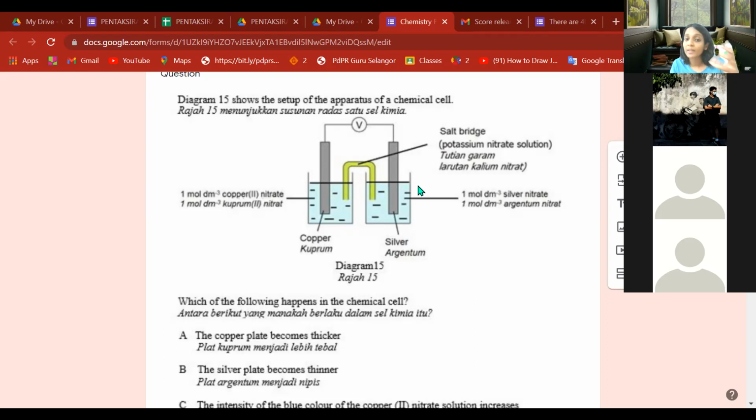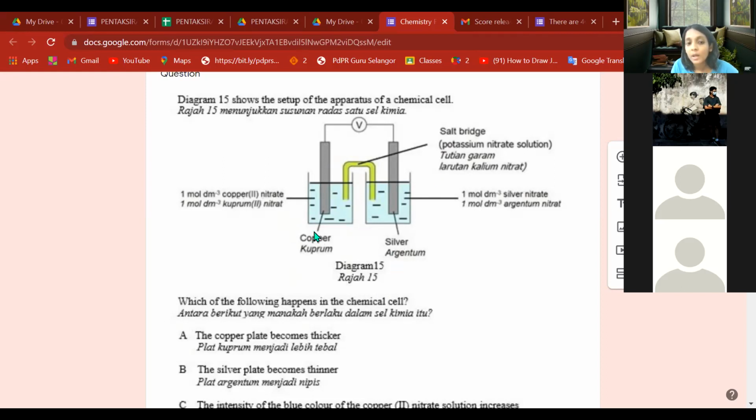Magnesium and copper: copper is lower than magnesium. This is paper 1, they might not give you. Only paper 2 they will give you.